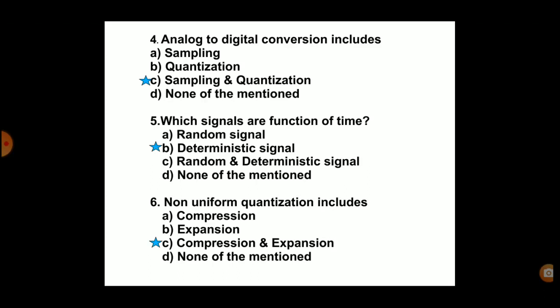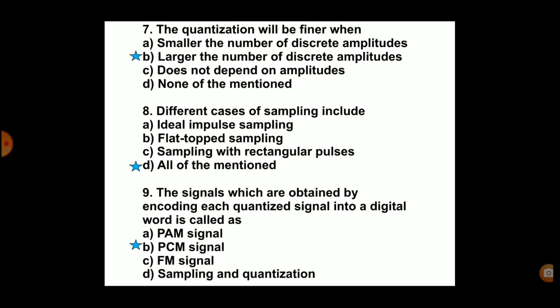Correct answer is C, compression and expansion. The quantization will be finer when, options are smaller the number of discrete amplitudes, large the number of discrete amplitudes, does not depend upon amplitudes, none of the mentioned. Correct choice is large the number of discrete amplitudes.